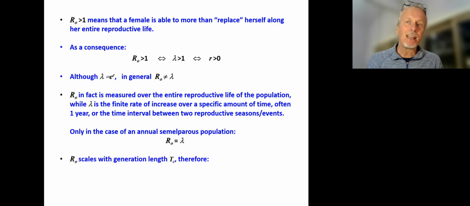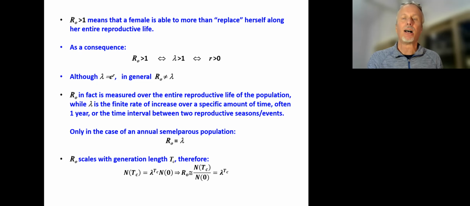R naught scales with the generation length, Tc. Depending upon how long the generation is, the number of individuals after Tc years is equal to lambda to the power of Tc times N0, while R naught is equal to N at Tc divided by N0, roughly equal to lambda to the power of Tc.